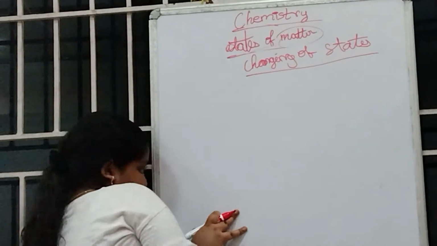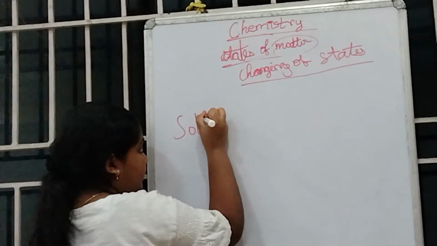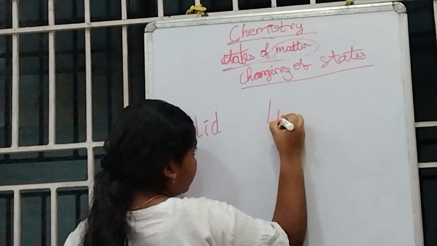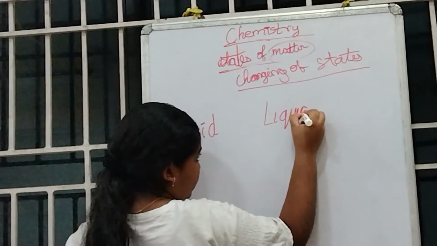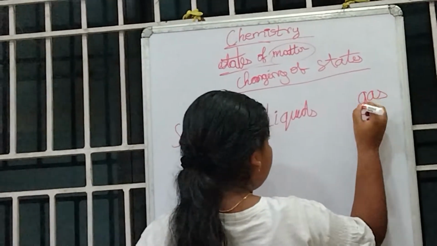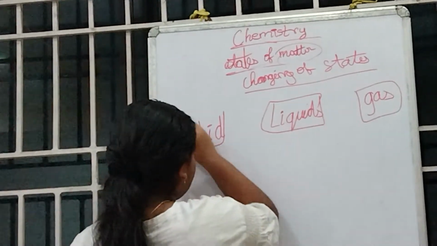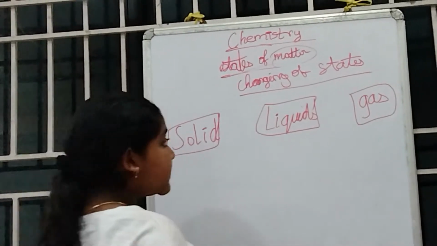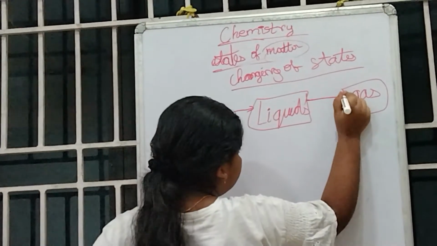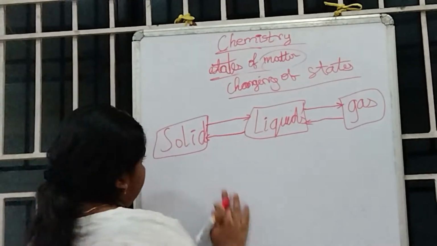Changes of state. In changing its state, solid becomes liquid, liquid becomes gas, gas becomes liquid, and liquid becomes solid.